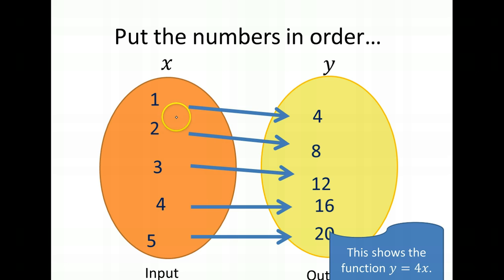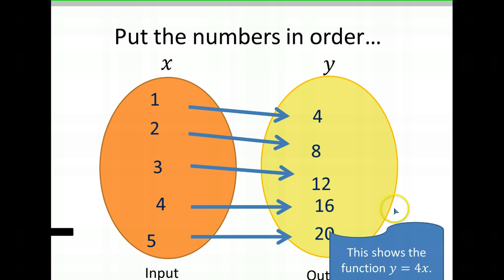Okay, so here you can see that we are quadrupling x. We are multiplying x by 4 in order to get y, which is my function rule right here. This right here is called a function rule. Let me write that down. So my rule is y equals 4x.